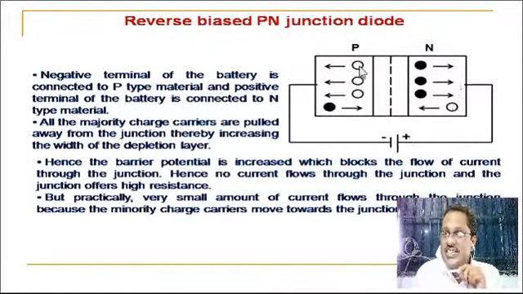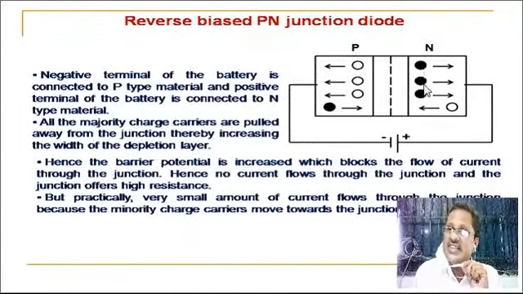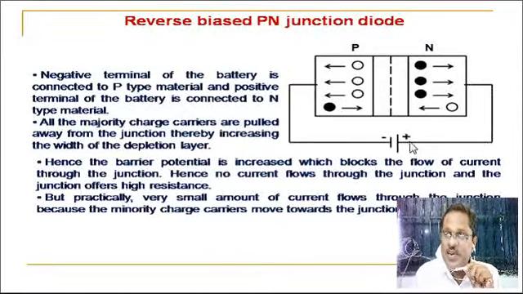Now during this condition, the majority charge carrier holes are attracted towards the negative terminal of the battery, and the majority charge carrier electrons in the N-type semiconductor are attracted towards the positive terminal of the battery.